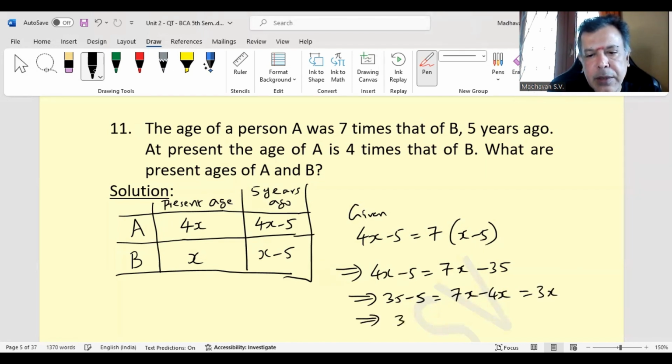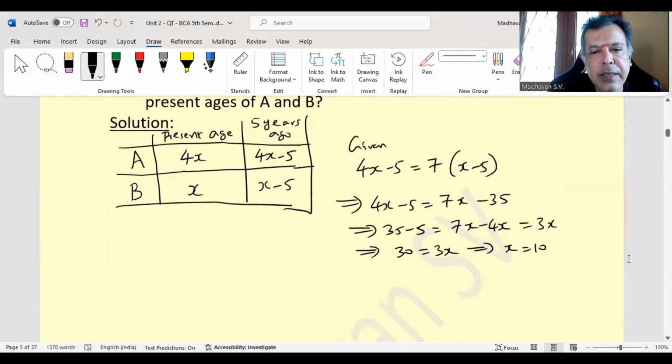That means 30 equal to 3x, or x is equal to 10. Means person B's present age is 10.